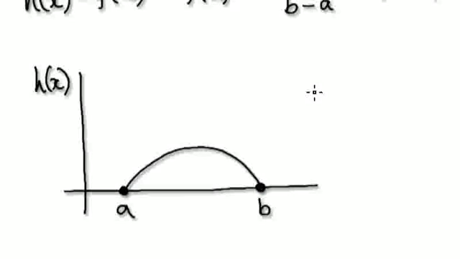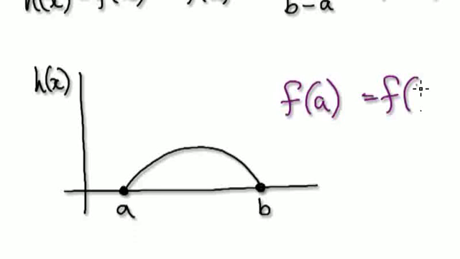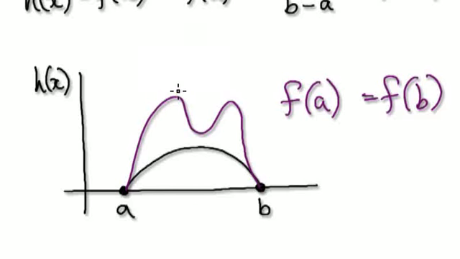Now Rolle's theorem is that if you have f of a equals f of b, then somewhere in between the gradient must be 0. Even if it's something like this, somewhere in between there exists at least one point where the gradient will be 0.